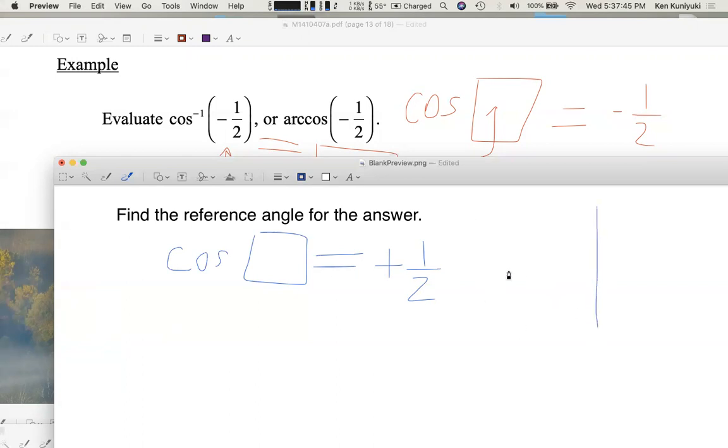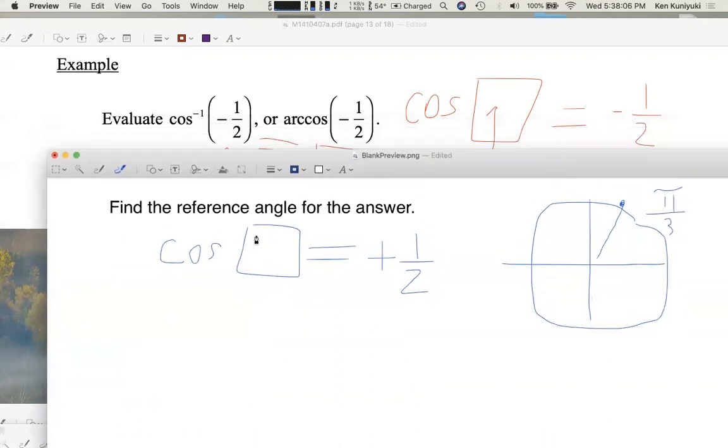The cosine of what famous acute reference angle is positive 1/2? Well, it's going to be sort of to the left. It's going to be the steep angle. It's going to be pi over 3. That's the reference angle for the answer. But that's not the answer. It's the reference angle.